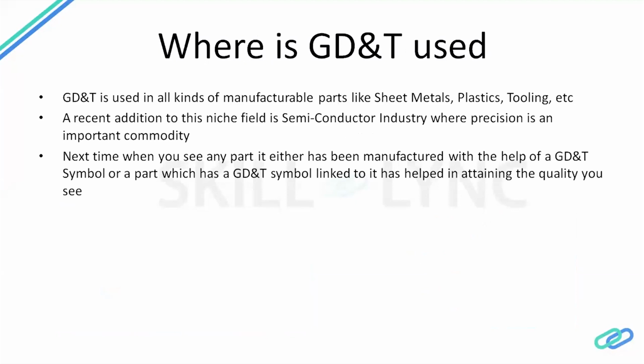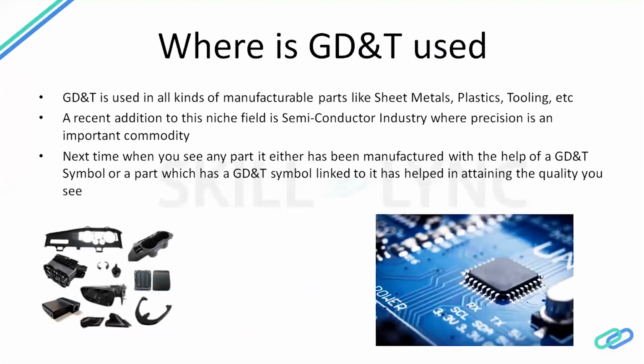Where exactly do we use GD&T? If you see in our day-to-day lives, you'll be using plastic parts, sheet metals, the tooling side of it. You might be using a car, and all the parts, except for the rubber parts or hoses and everything, use GD&T. And how are they getting manufactured?